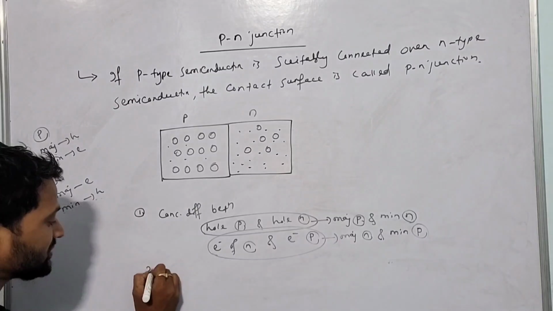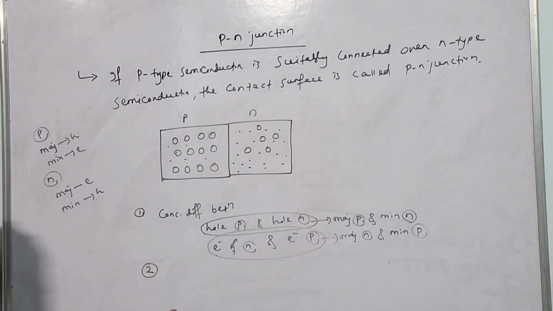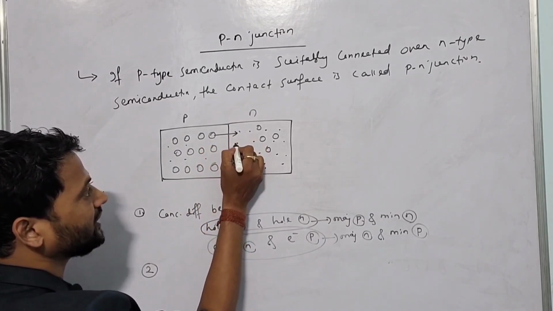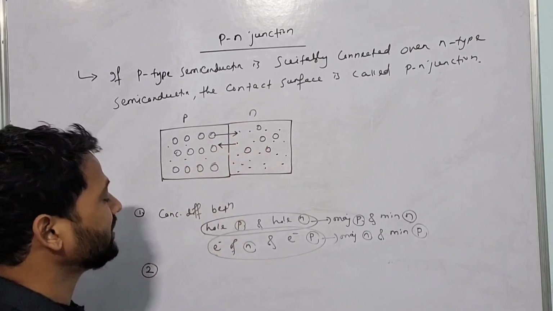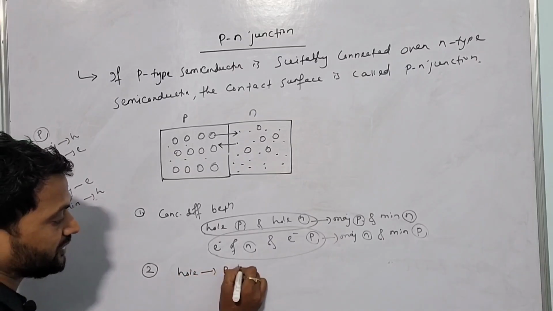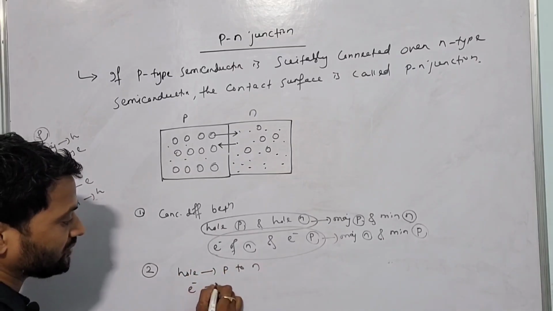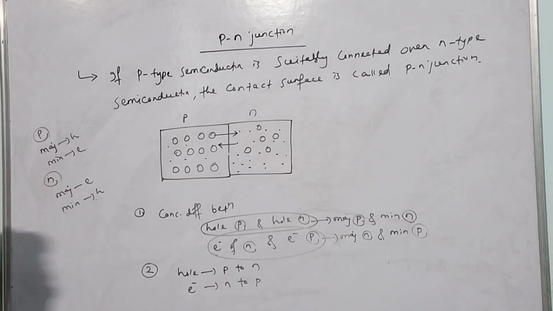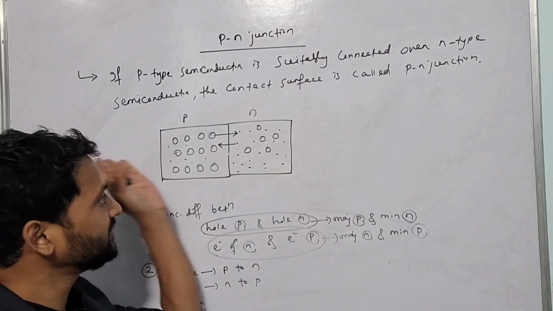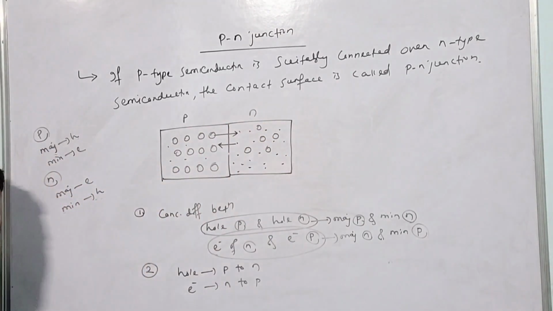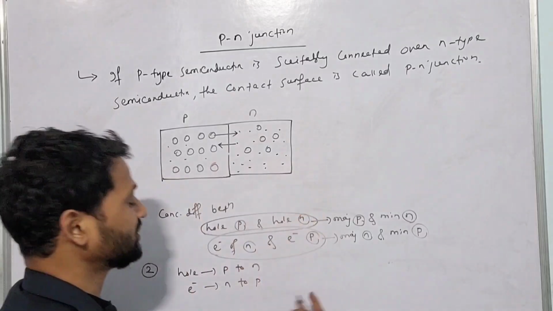Second point, due to the concentration difference, hole moves from P to N and electron moves from N to P. So technically you can say the hole diffuses from P to N and electron diffuses from N to P. So that will form diffusion current.